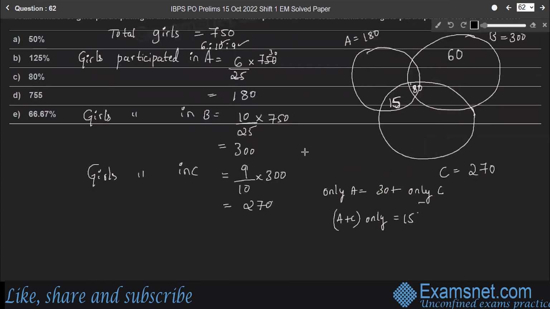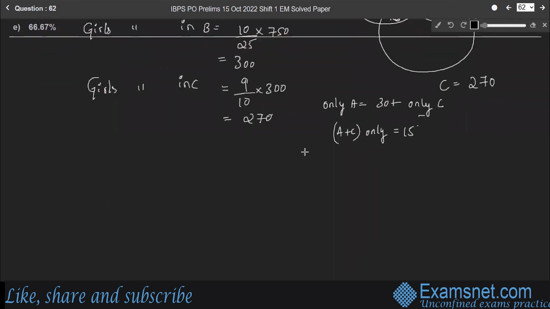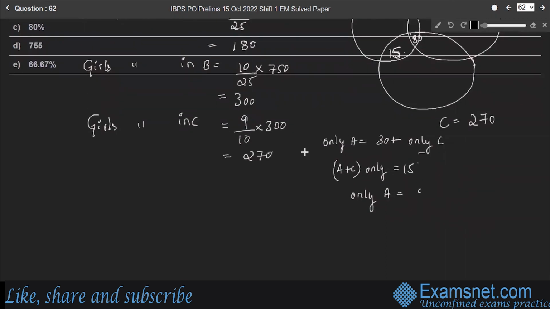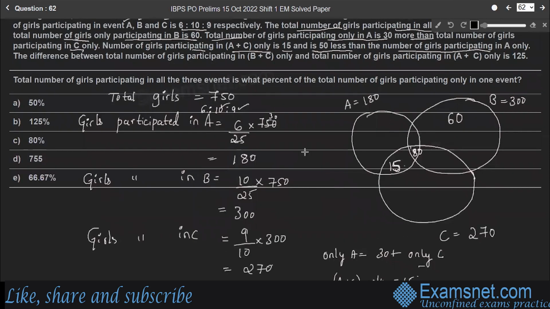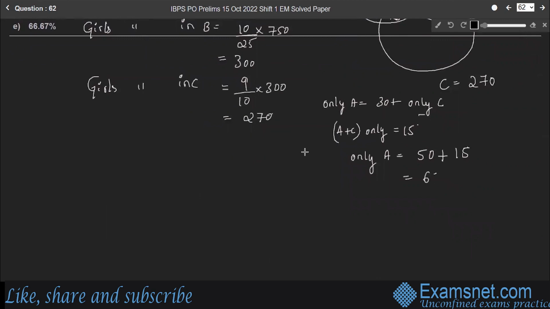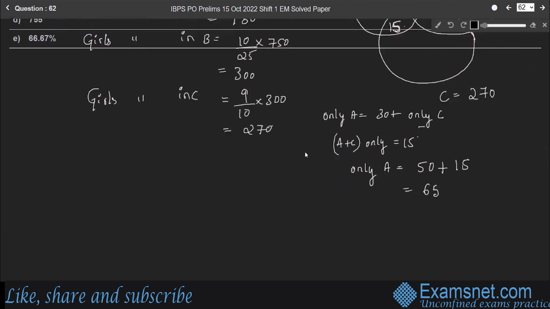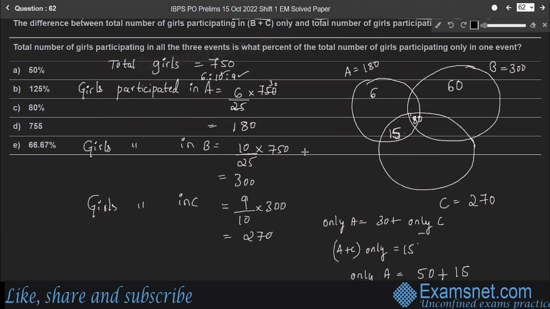So this 15 is 50 less than number of girls participating in A only. So girls participating in only A is 50 more than number of girls participating in A plus C, which is 15, right? Therefore, only A girls are 65. That is 65 girls participated in only event A, right?